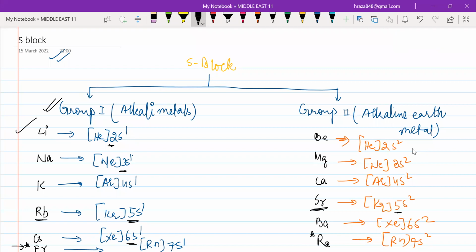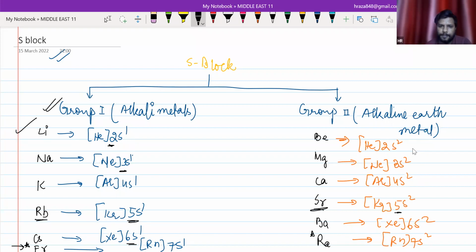Okay, just write it and let me know if you are finished with this. It's a very easy chapter. Nara, do you have any doubt in this?